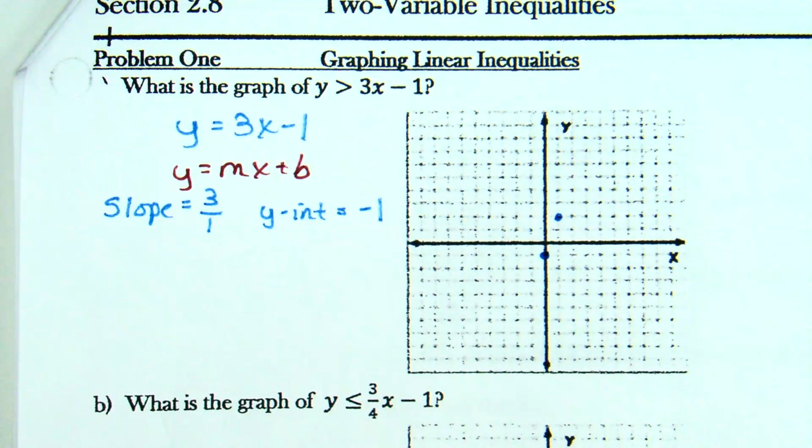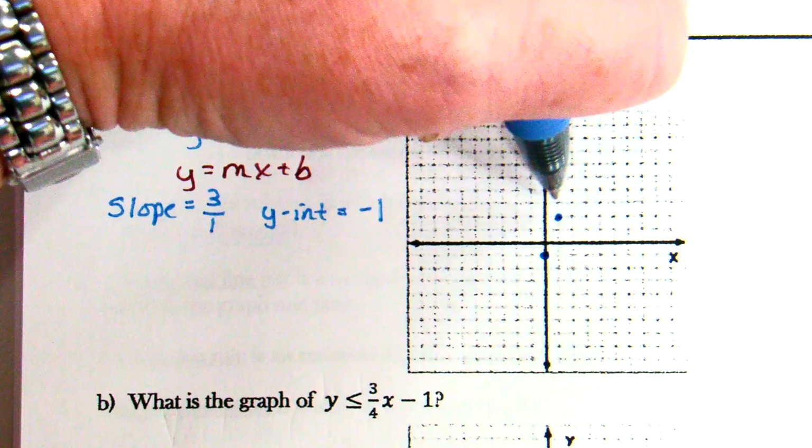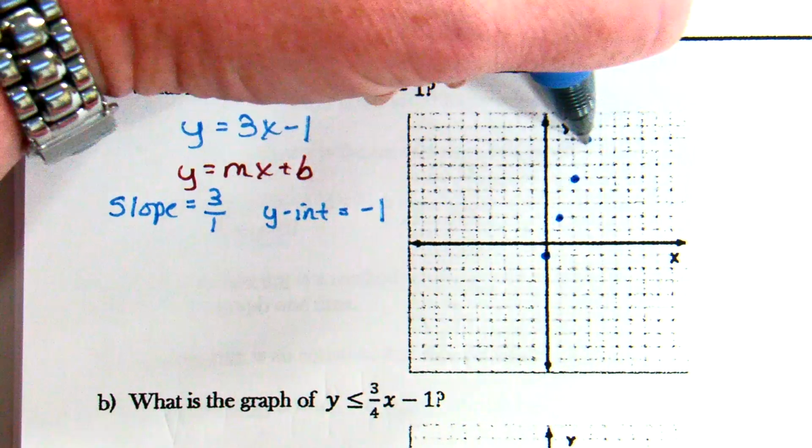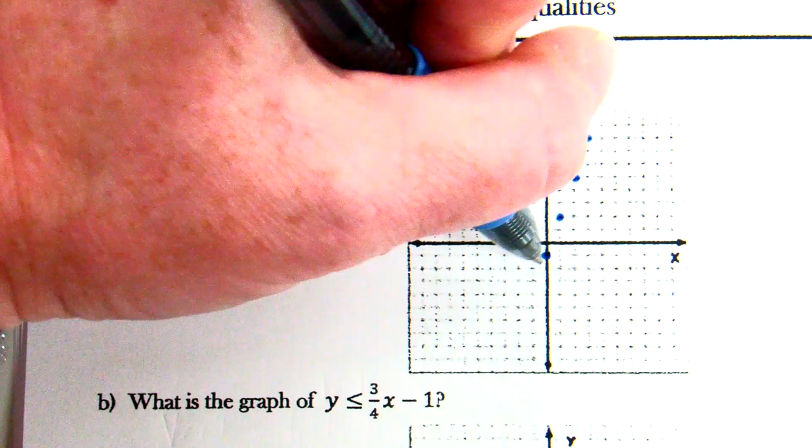Officially, 2 points is enough, right? I like to do an overabundance of points, just to help keep my line straighter and more accurate. So I'm going to go up 3 over 1 a couple of times. You can also reverse it and go down 3, left 1.